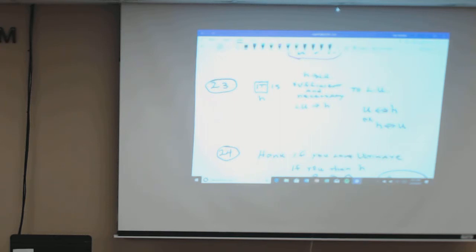Number 23. What's 23 say? To love ultimate, it, see that word? It is sufficient and necessary. Well, they gave it away there, didn't they? When they say sufficient and necessary, I draw an arrow both directions, don't I?